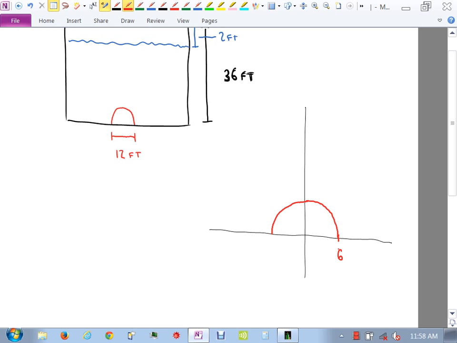And I know that my water level is somewhere up here at what? 34. That all right? Let me draw an arbitrary rectangle in here.